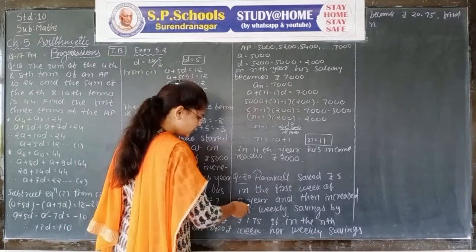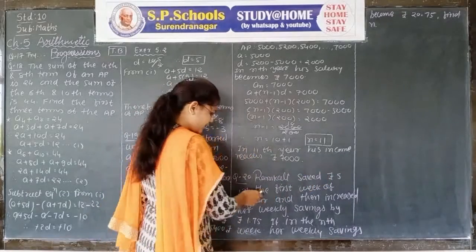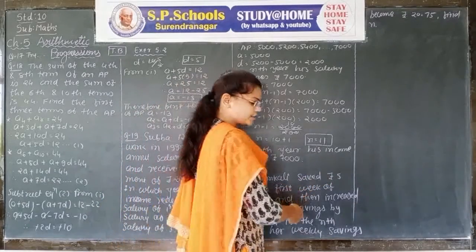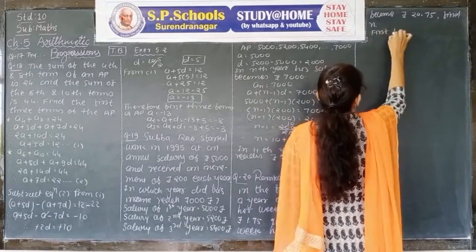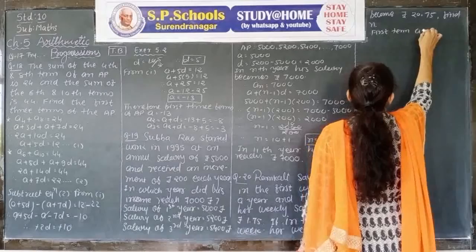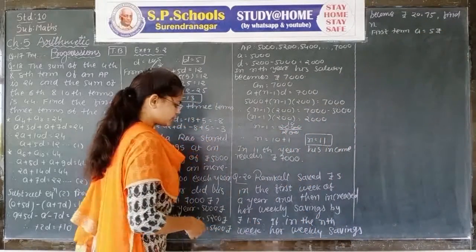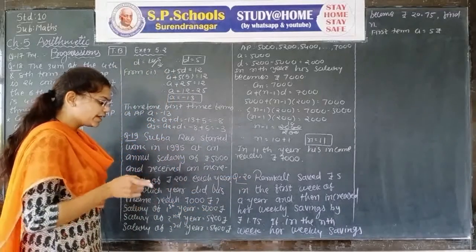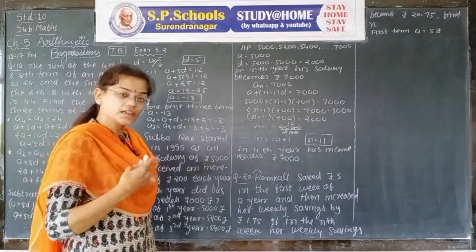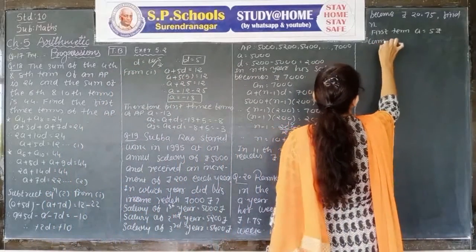Given that Ramkali saved rupees 5 in the first week, which is the first term. First term a is equal to 5 rupees. Then she increased her weekly saving by rupees 1.75. The increment is given, which gives us the common difference.